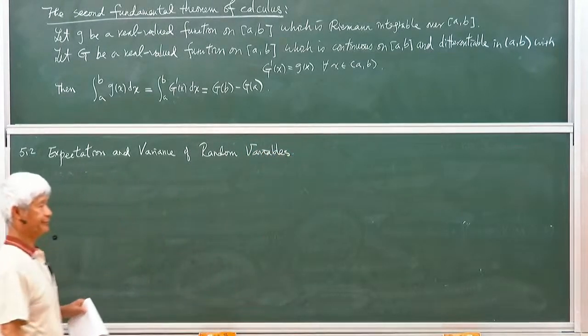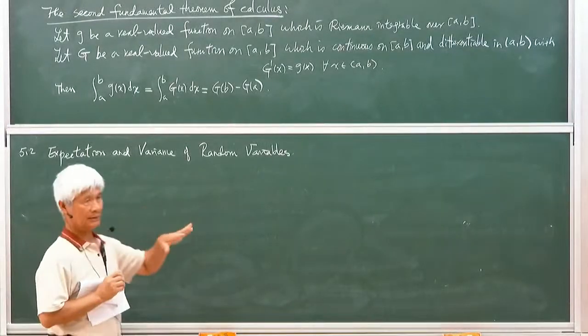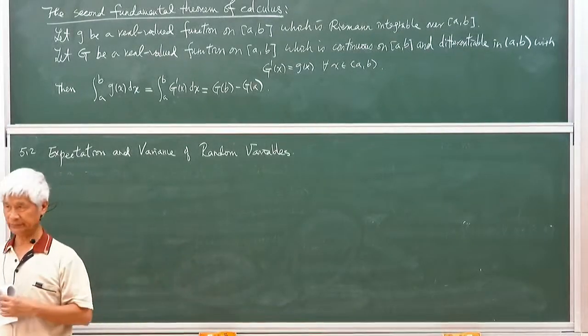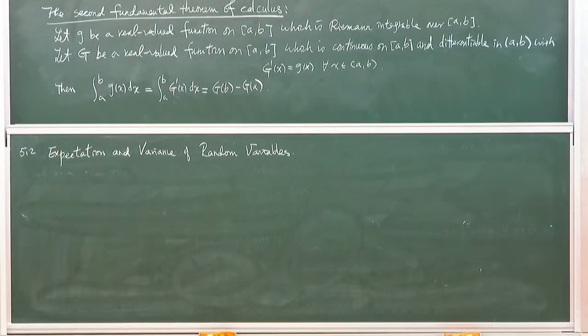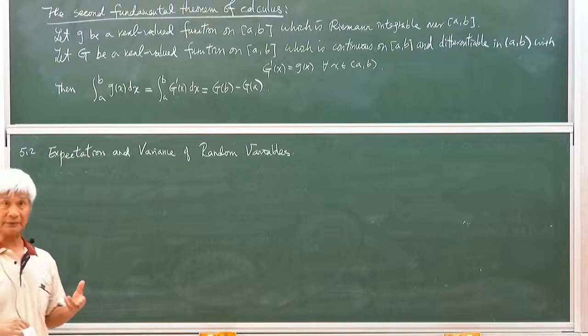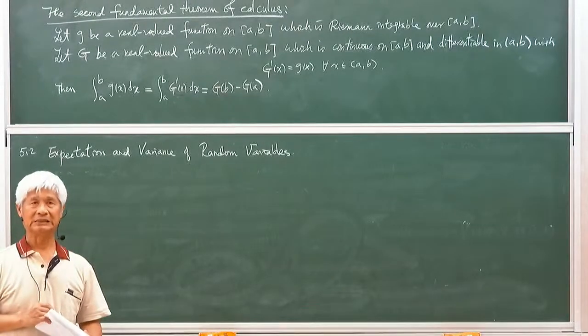We will consider expectation and variance of a general random variable, because in chapter 4 we discussed the expectation and variance of discrete random variables.